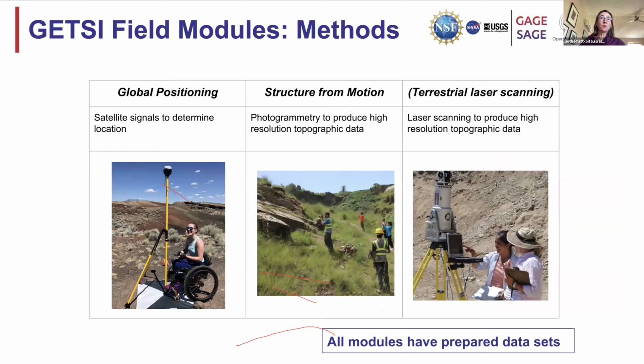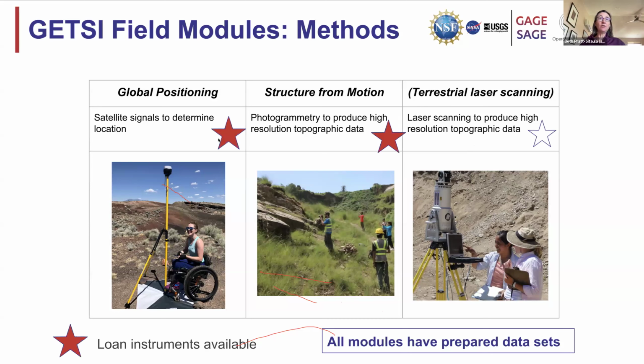The GETSI field modules have two main modules, one of which has two methods in it. So there's global positioning, which is satellite signals to determine location, structure from motion, which is using photogrammetry to produce high resolution topographic data. And nowadays less commonly used, but still featured in the teaching resources, is another way to do high resolution topography, which is terrestrial laser scanning.